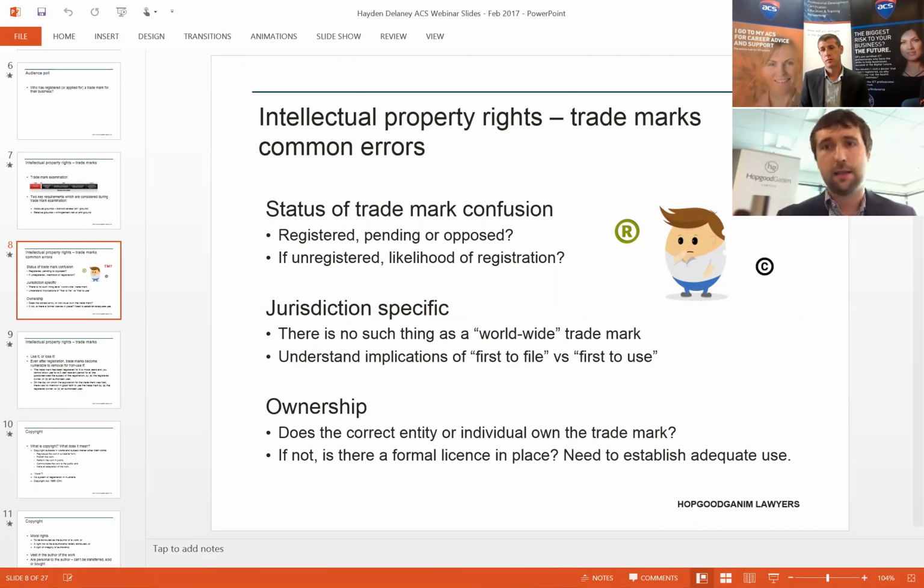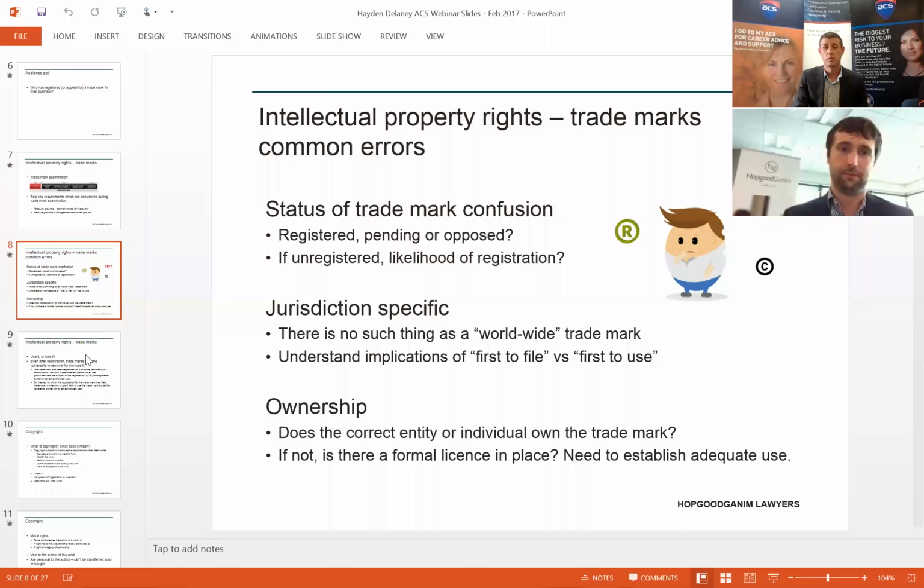If you've done that, later down the track, you could open yourself up to a non-use action. The reason is you have to use the trademark in order for it to be valid. And if the entity that's using the trademark is someone other than the recorded legal owner, then that is a potential ground to invalidate that trademark. And it can be really costly later down the track trying to sort that out. So getting it right at the outset is imperative.